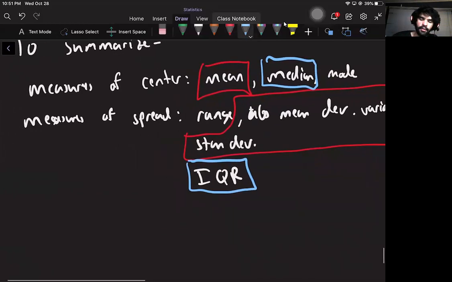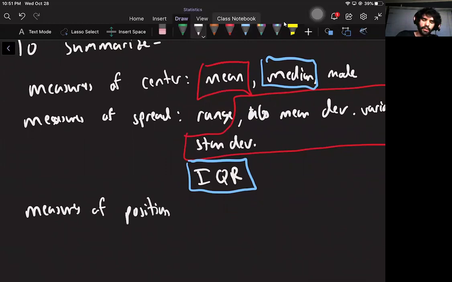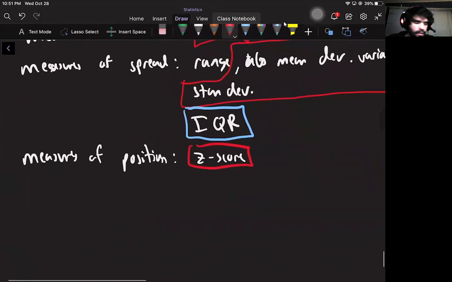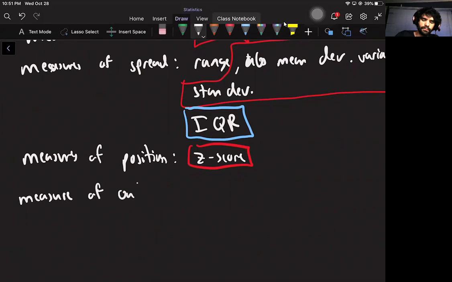And then we have measures of position, but we only did one thing for that, and that was the z-score. And again, that sort of goes with the mean and the standard deviation. And then lastly, we have measures of outliers. And for those, we use the fences.